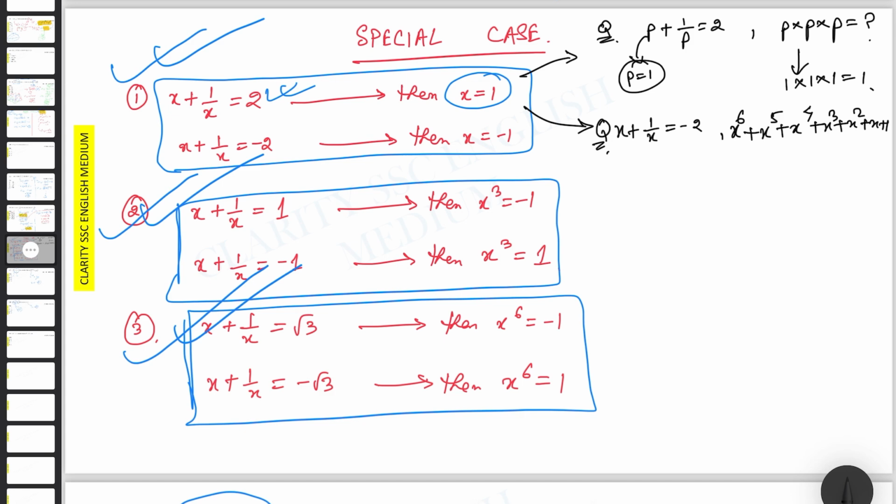Here, obviously x is minus 1. So minus 1 to the power 6 is 1. Minus 1 plus 1 minus 1 plus 1 minus 1 plus 1. So all of this will cancel and the answer will be 1. So 1 is the correct answer.